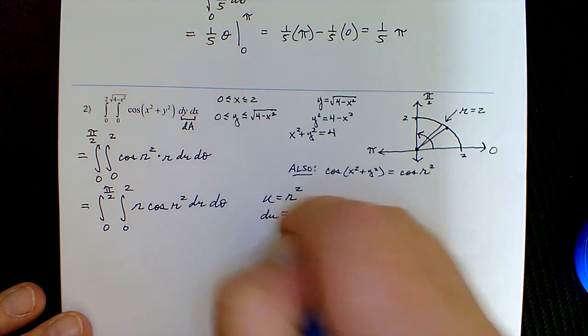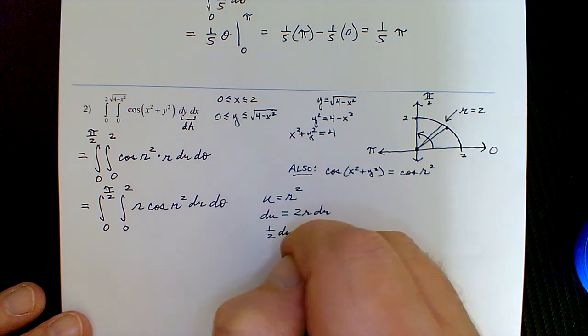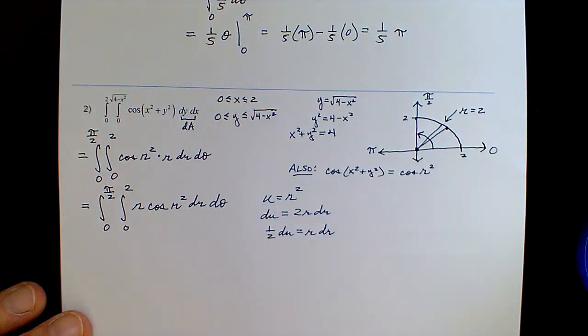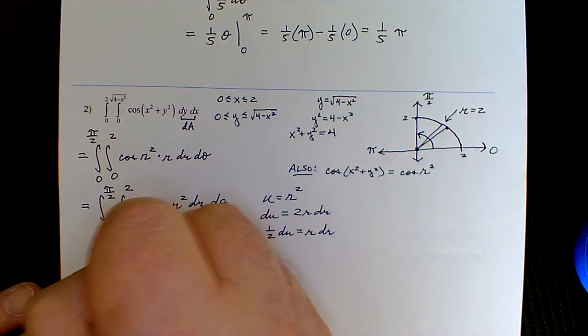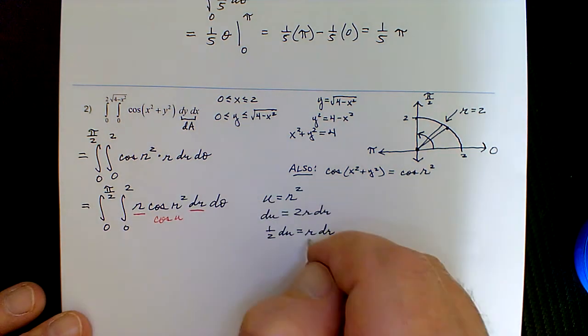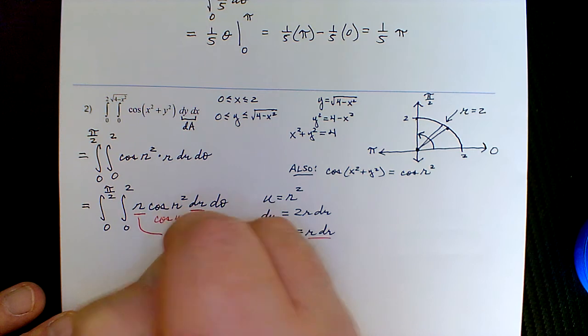The du is 2r dr. Modifying, we get 1/2 du is r dr. And so in terms of the integration, here's cosine of u, the leftovers r dr, that's what makes up 1/2 du.